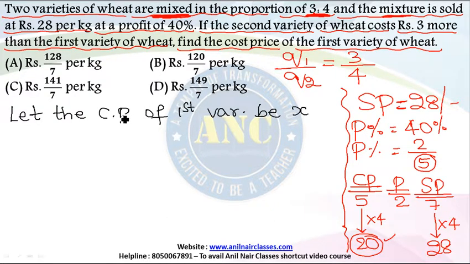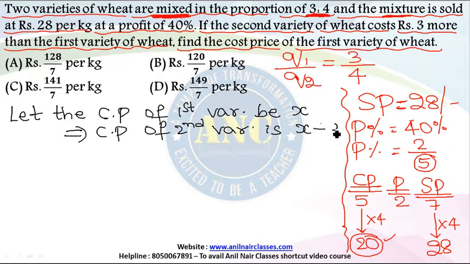Because if the cost price of first variety of wheat is x, then the cost price of second variety of wheat is 3 rupees more than x. It is given in the question. Second variety costs 3 rupees more than first variety, so it is x plus 3. That means first variety cost price is x, second variety cost price is x plus 3.